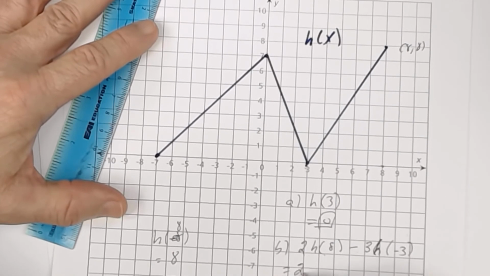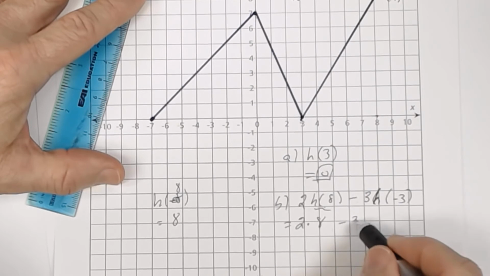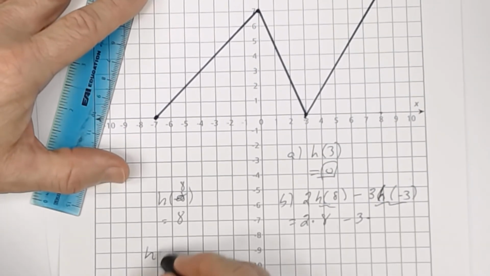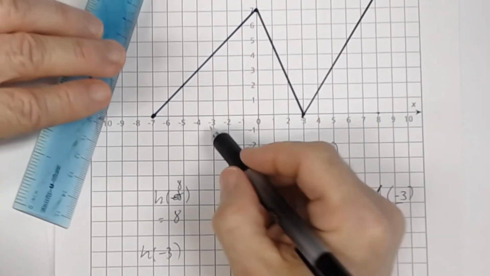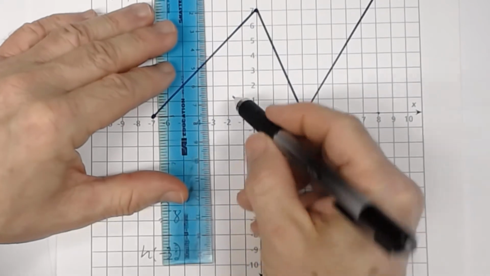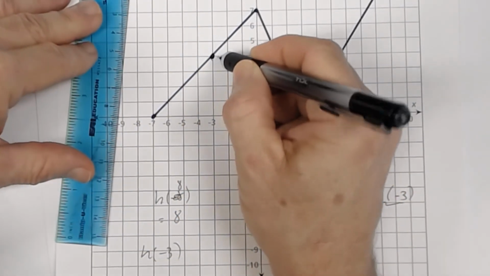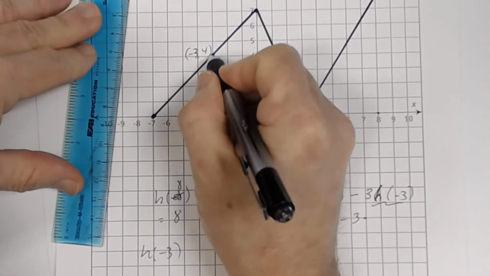So that becomes 2 times 8, minus 3 times, now we have to find h of negative 3. So h of negative 3, here's negative 3. If I look at that point, that's right here. So my coordinates are negative 3 and my y value is 4, correct?